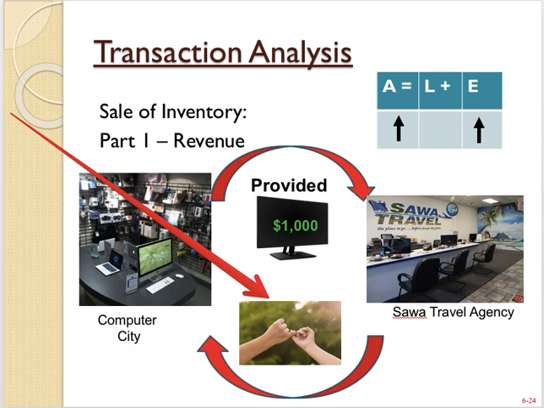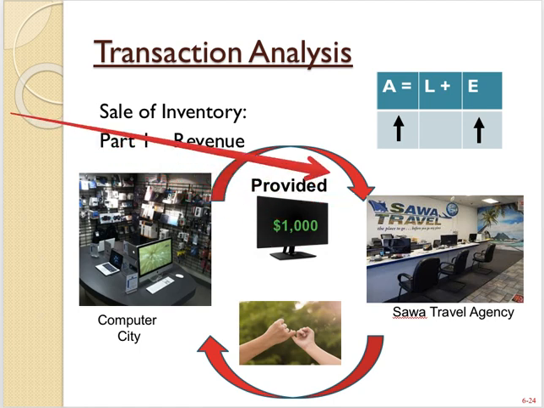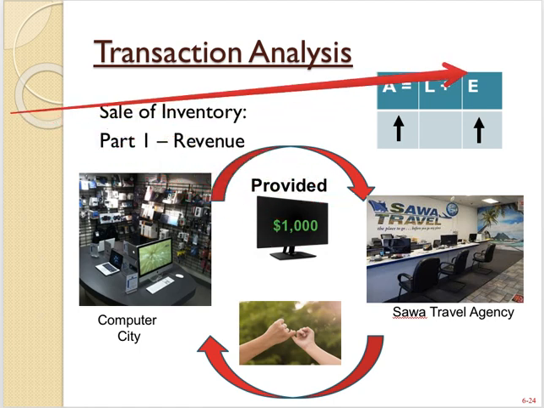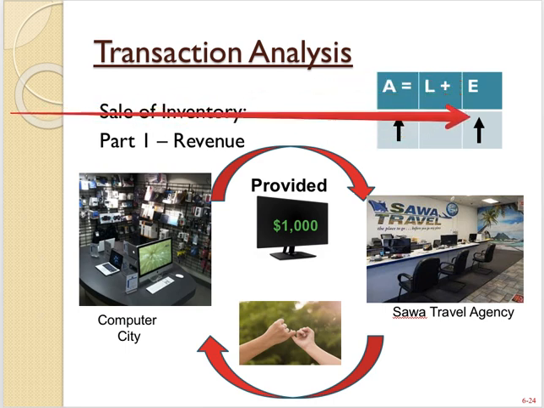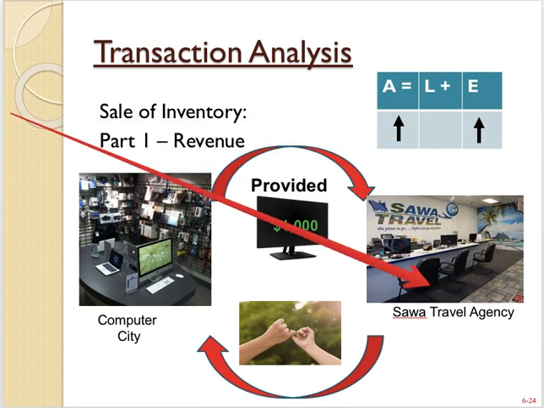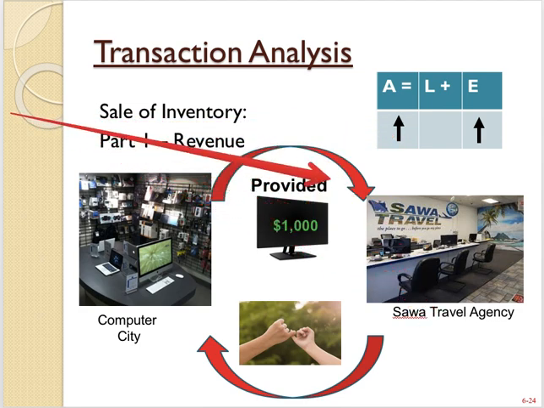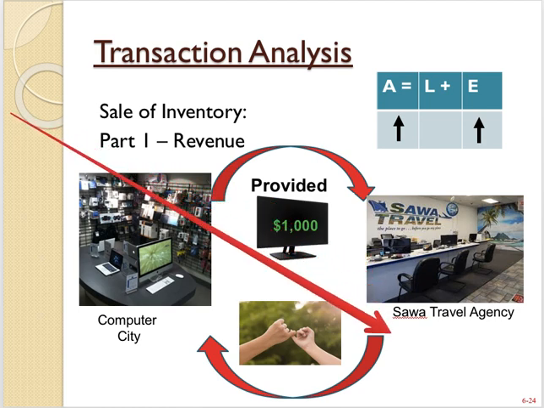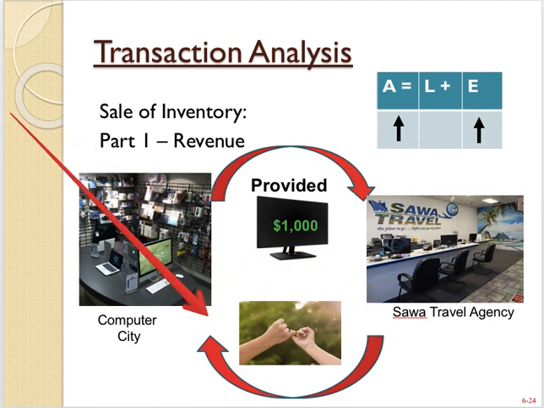So if we look at this transaction, what's happening is we provided goods. And when you provide goods, that is considered revenue, which is equity, and revenue always makes your equity go up. In addition, in exchange for providing the goods, our customer gave us a promise that they're going to pay us.